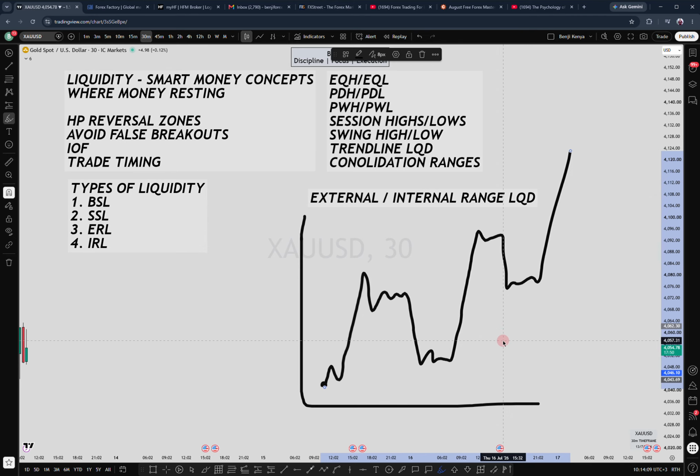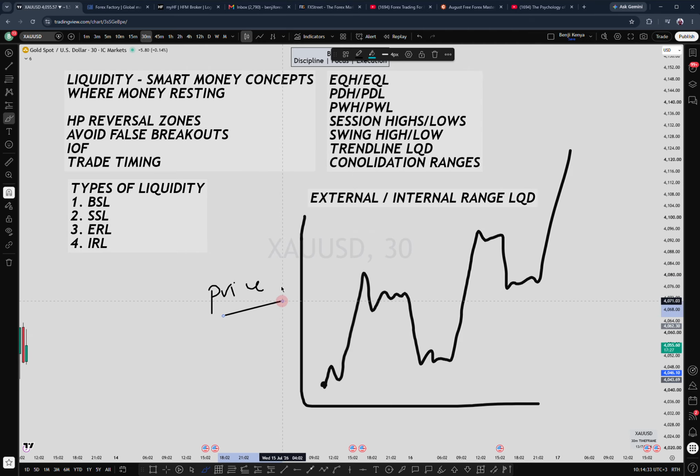Now, we usually have external and internal liquidity, and I'll point out the areas where we usually have the internal and where we usually have the external. Remember, this is a graph of price. Price is usually on the y-axis, usually found on this right side.